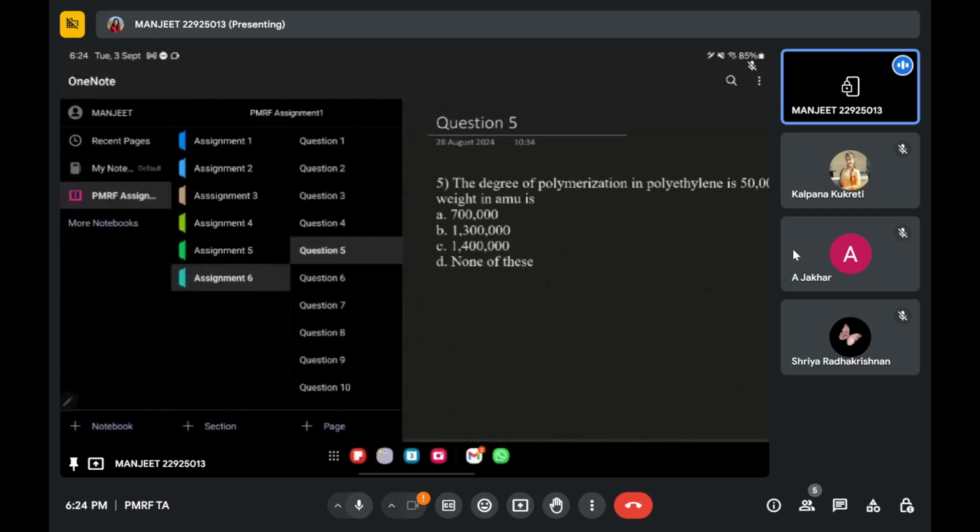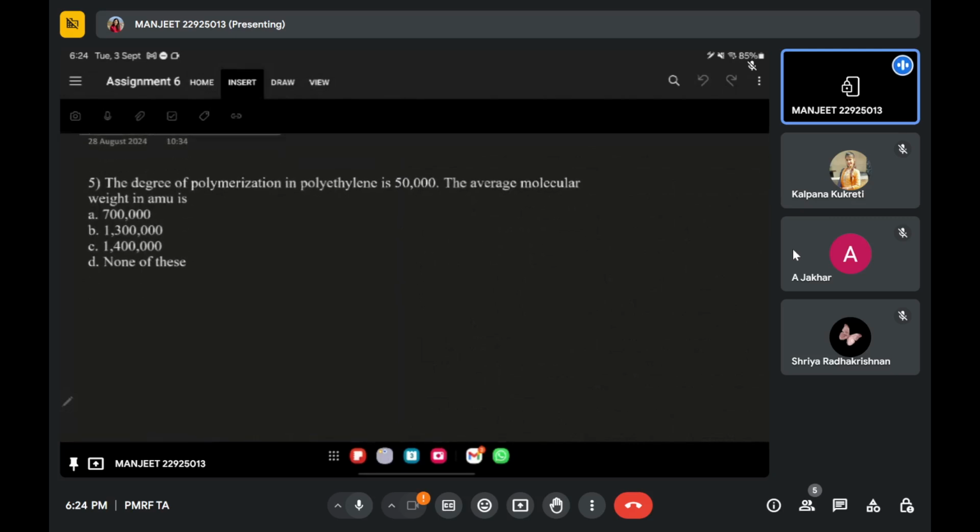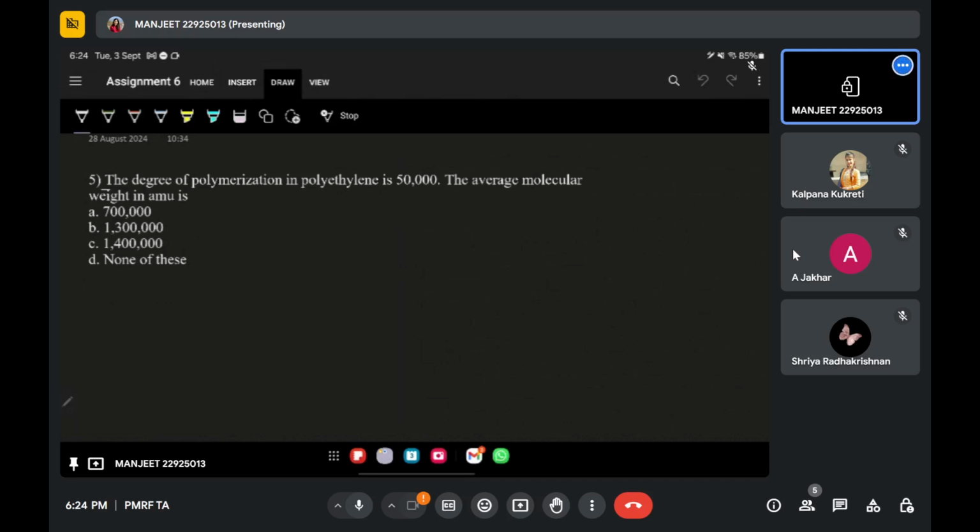Okay, let's move to the next question, that is question number 5. Question number 5 is similar to the earlier one. The degree of polymerization in polyethylene is 50,000, and what is the average molecular weight in AMU?